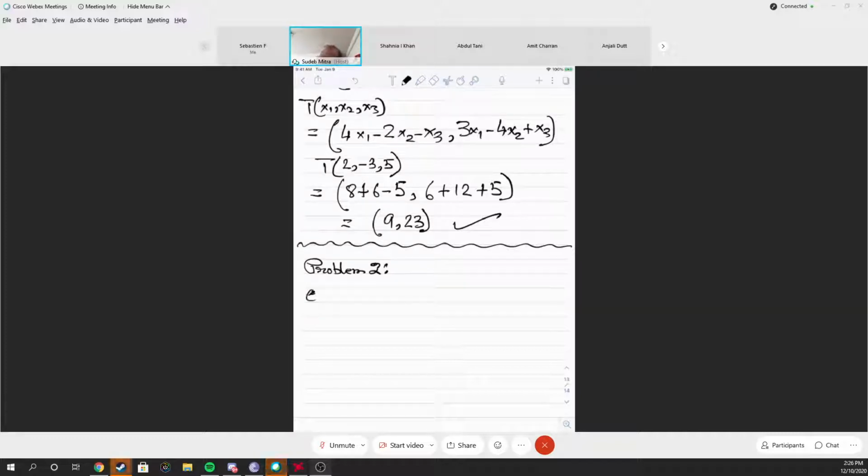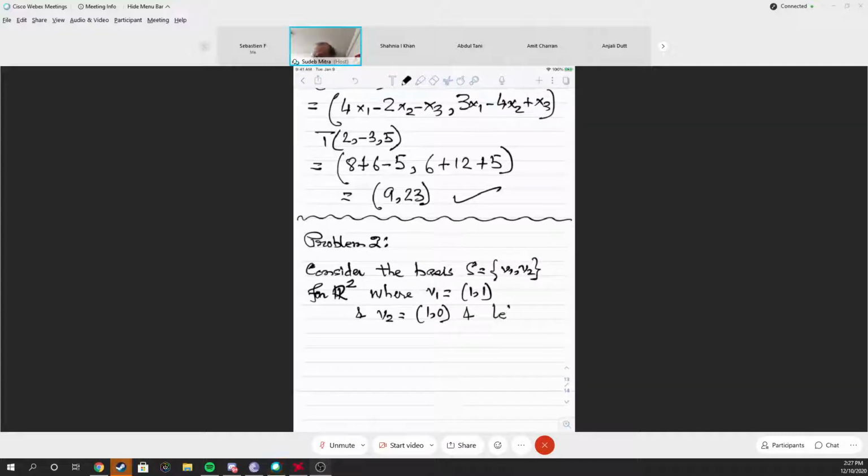Consider, so this is from R2 to R2. Consider the basis V1, V2 for R2, where V1 is 1, 1 and V2 is 1, 0.